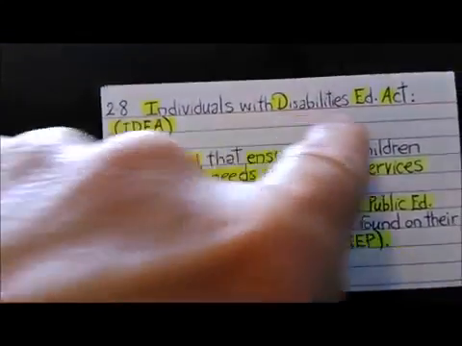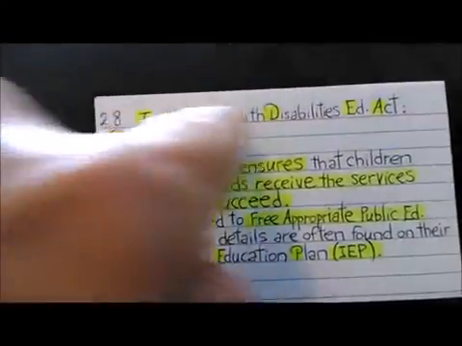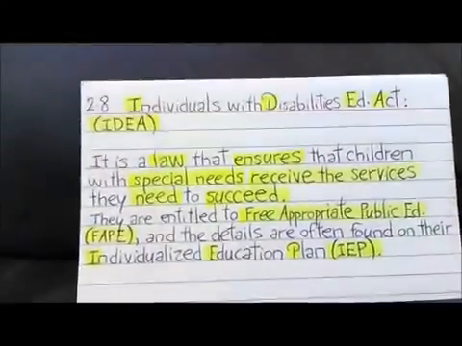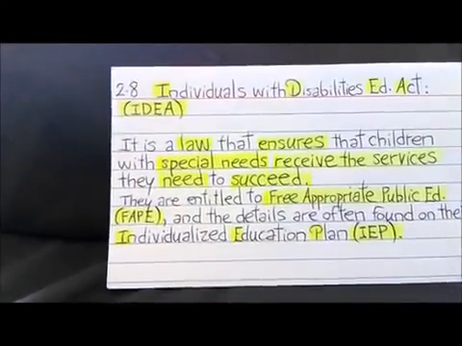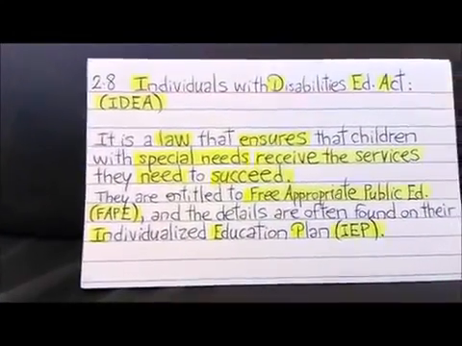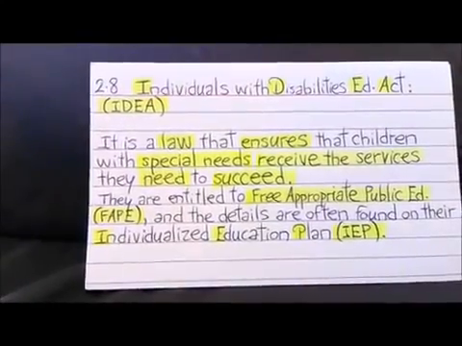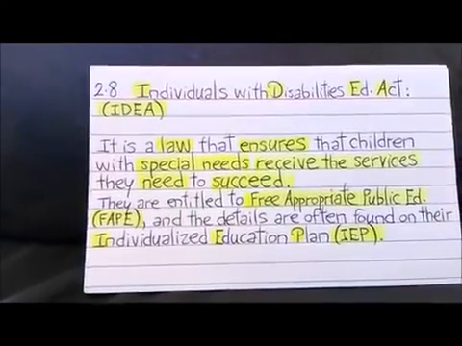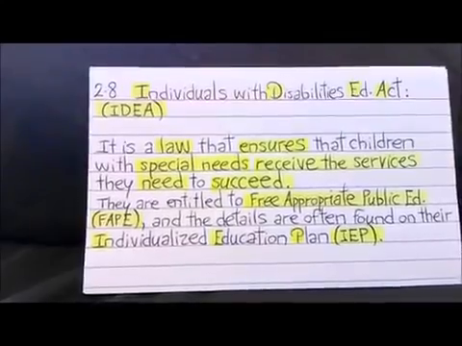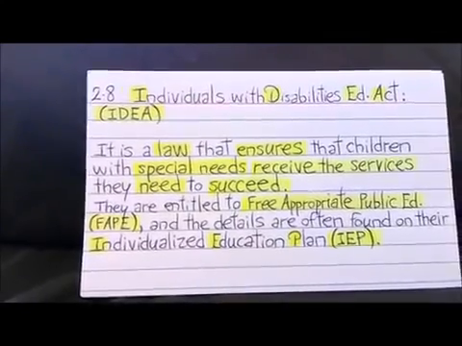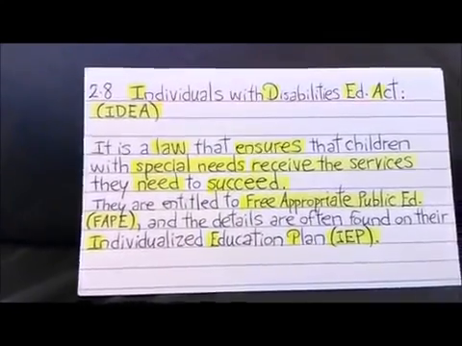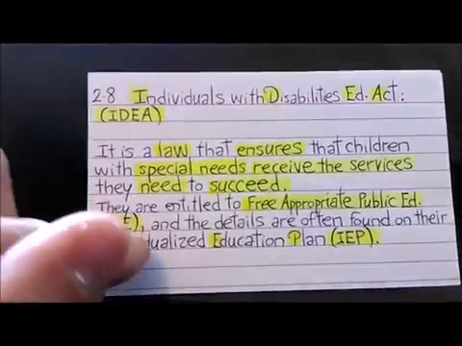Individuals with Disabilities Education Act, IDEA, okay? It is a law that ensures that children with special needs receive the services they need to succeed. They are entitled to a free, appropriate public education, FAPE.